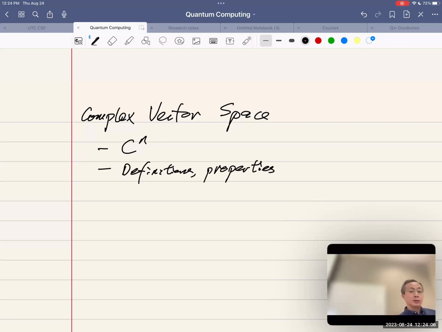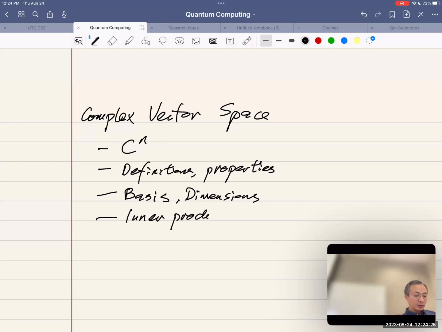And then you go to the basis of the vector space, dimensions, basis and dimensions. Then we'll talk about the inner product, and the Hilbert space.